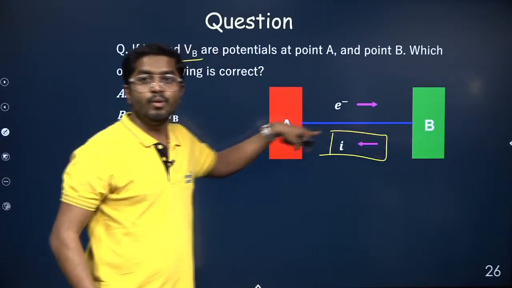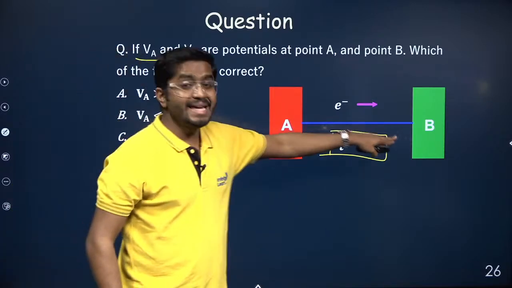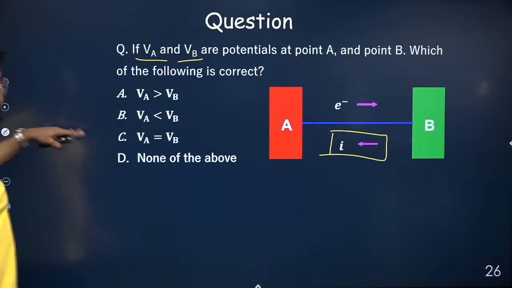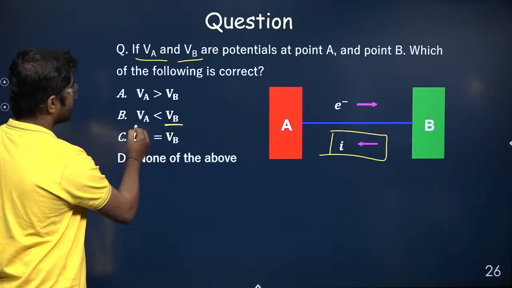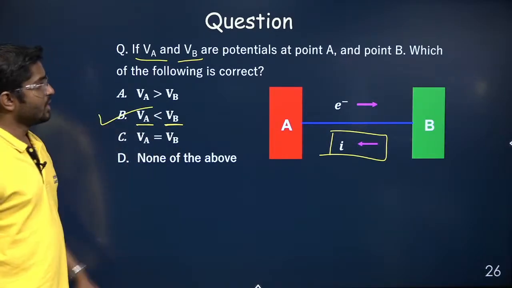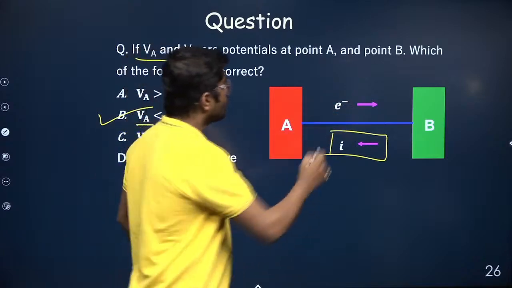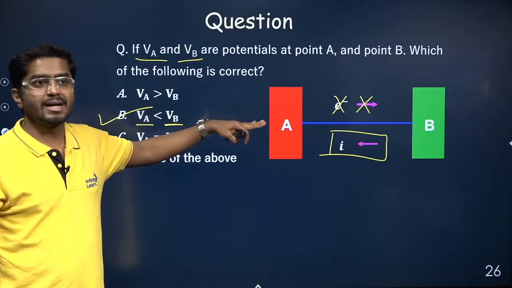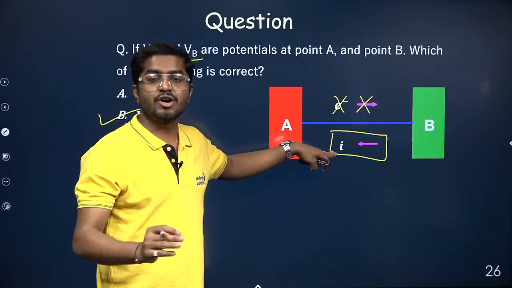From B to A. That means B is at a higher potential than A. So that is the correct option. I told you earlier, you don't have to worry about the flow of electrons. Just focus on the direction of current.